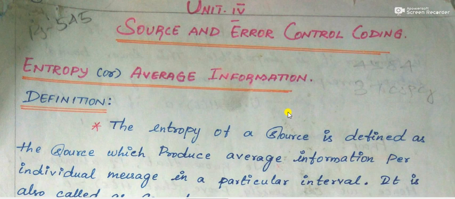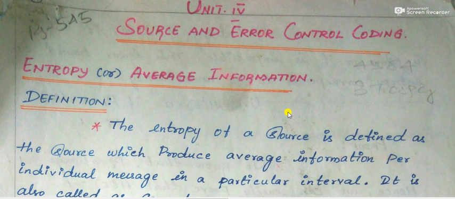Here the errors introduced by the channel are controlled by error control coding such as Shannon-Fano code, Huffman code, linear block code, convolutional code, Viterbi algorithm, etc. By using these error control codes, we can detect and correct the errors. So this is the objective of the error control coding scheme.